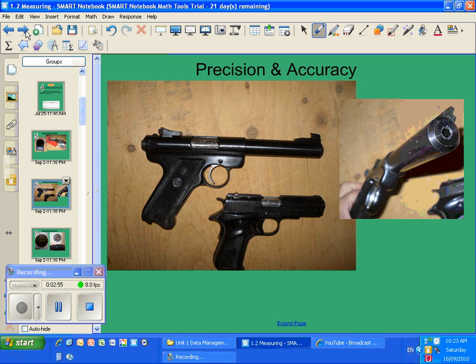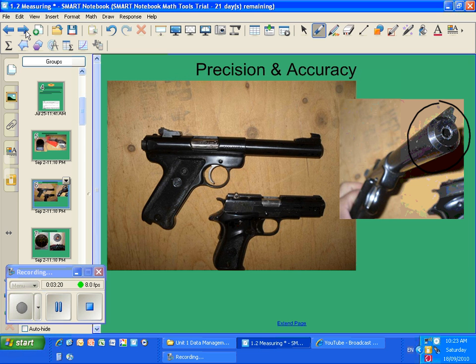It has a bull barrel, which means it's a barrel that is quite thick and absorbs the heat very well, and it just makes it so that you can hit your target well. It's a target pistol. So it's very accurate because I know how to use it well, and it's very precise because it's an excellent weapon and it's designed to be precise.